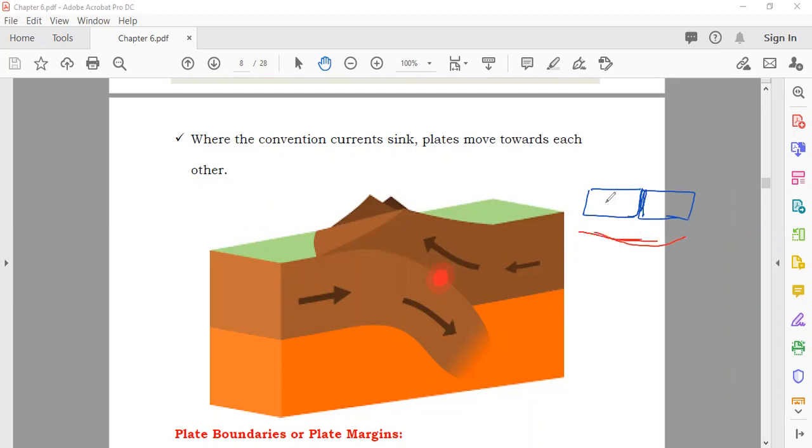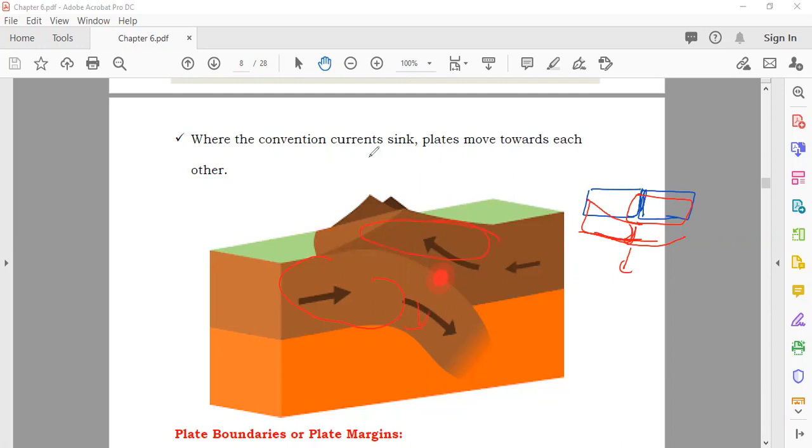What will happen? These plates also come down. One plate will be up on the other and the other will be down like this. Because lava is going down, this plate also goes down. You can see this one plate is going down, the other plate comes over it.